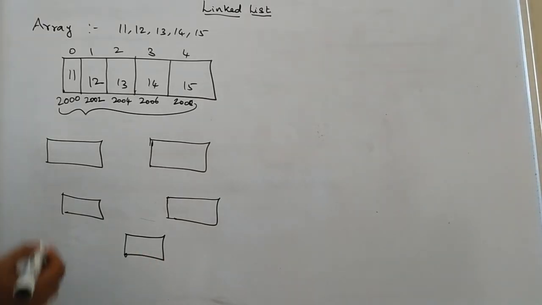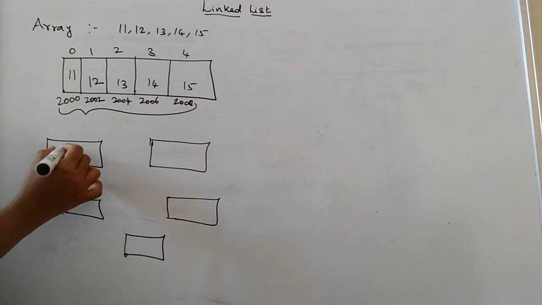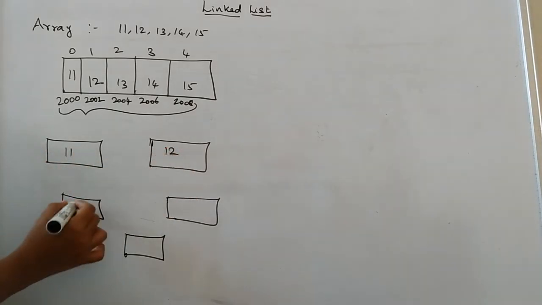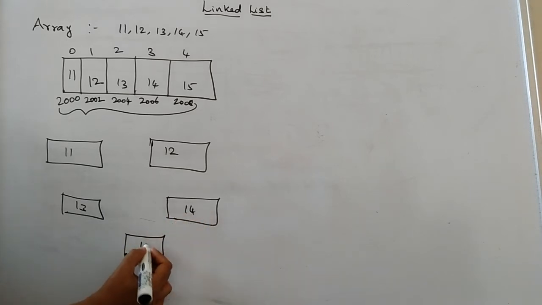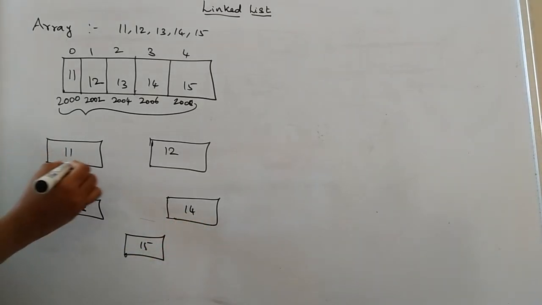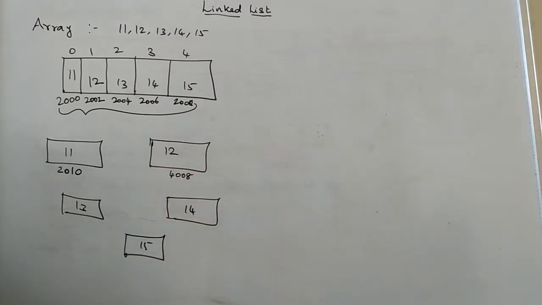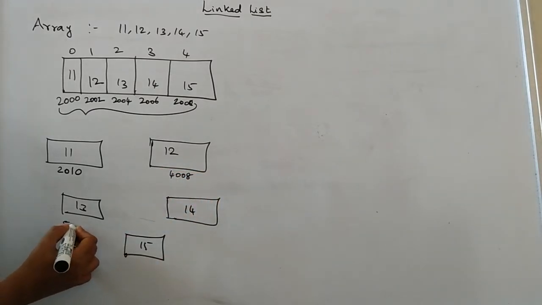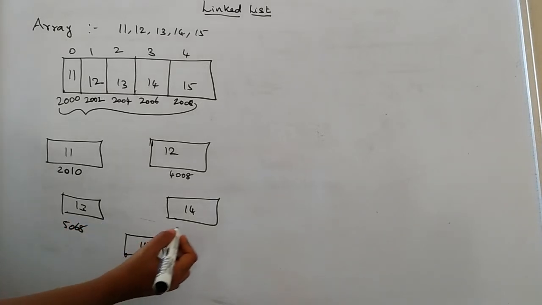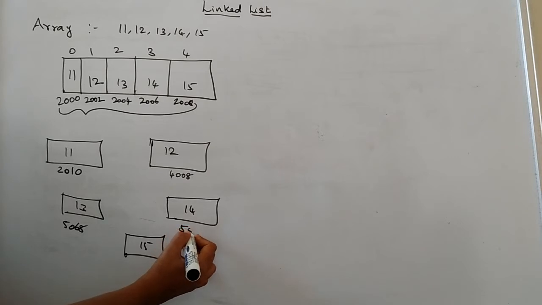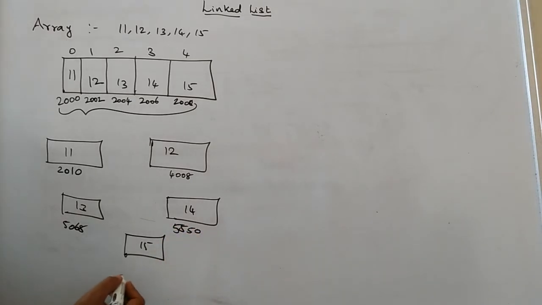For example, if I wish to store 11, 12, 13, 14 and 15, you can assume the memory location for the number 11 is 2010, and the others may be 4008, 5068, 5550, and 6000.